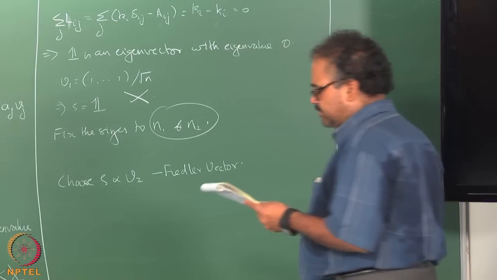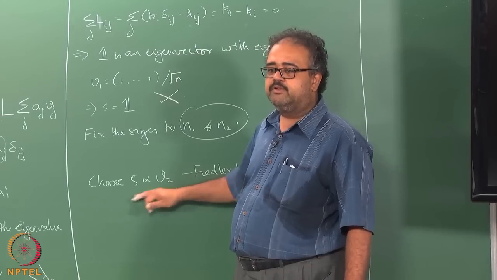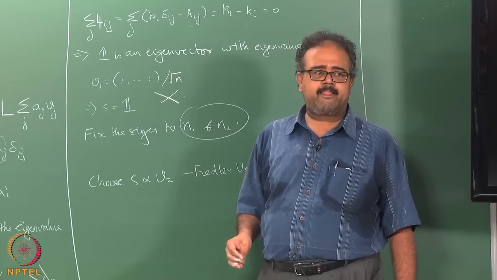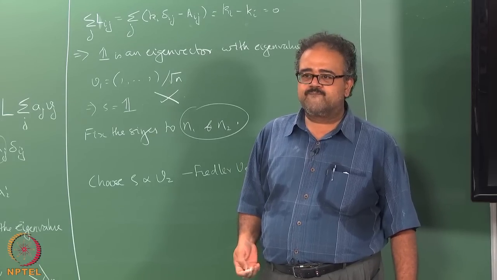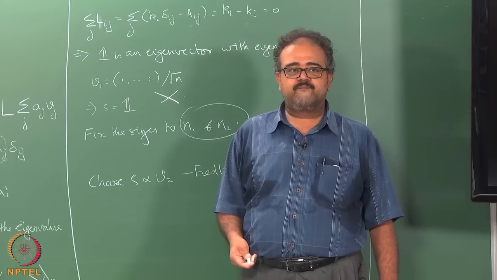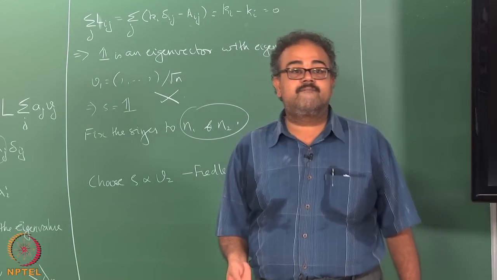So what you try to do is choose your S to lie in the direction of V2. Can we do that? We can't. Why?